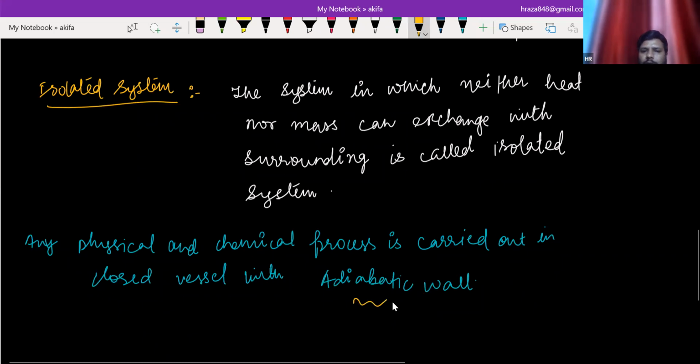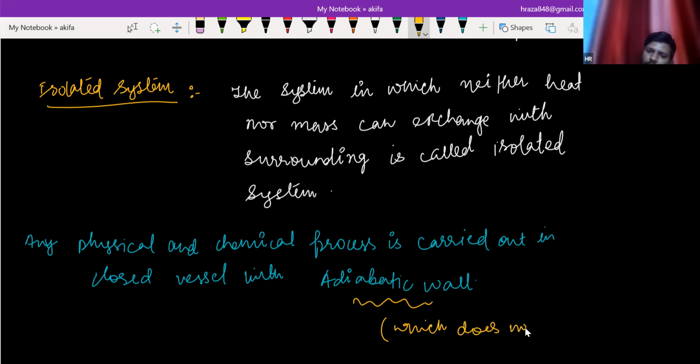Before it was enclosed vessel with diathermic wall, which only allows heat to pass through it, but not matter. Adiabatic wall is a wall or boundary which does not allow heat.